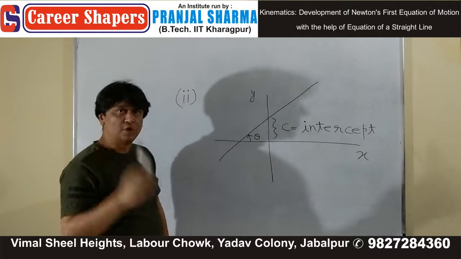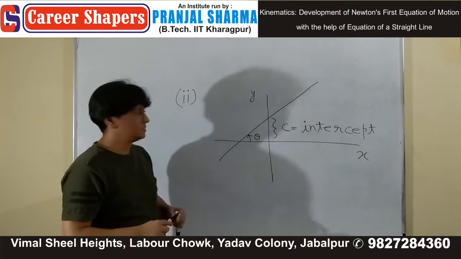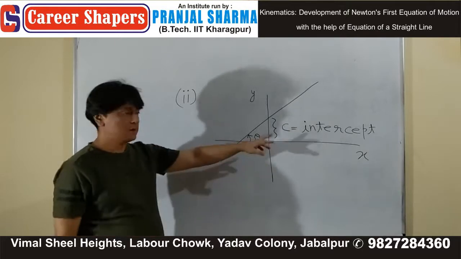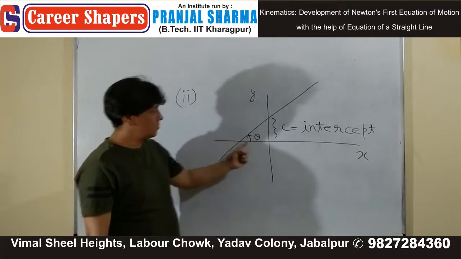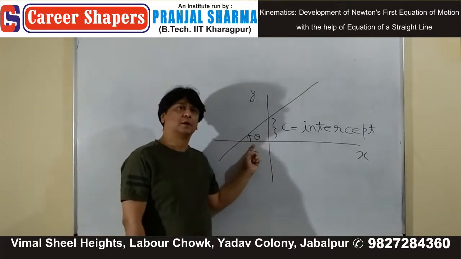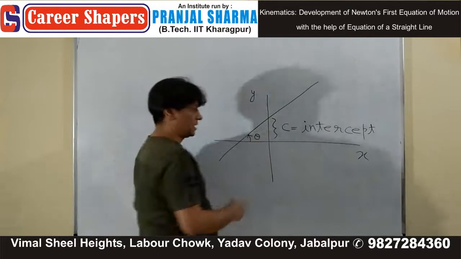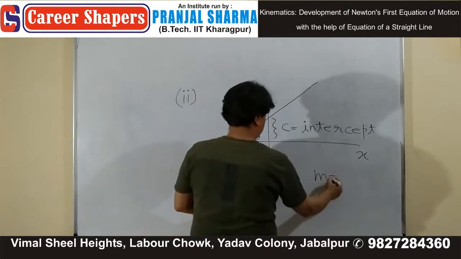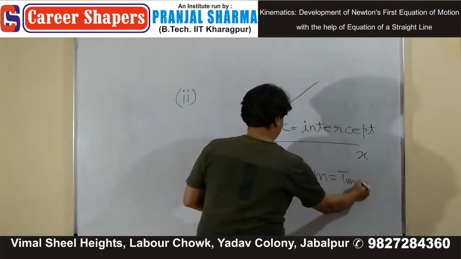So now we have two pieces of information. One is the line makes an angle of theta, which gives us m, tan of theta.